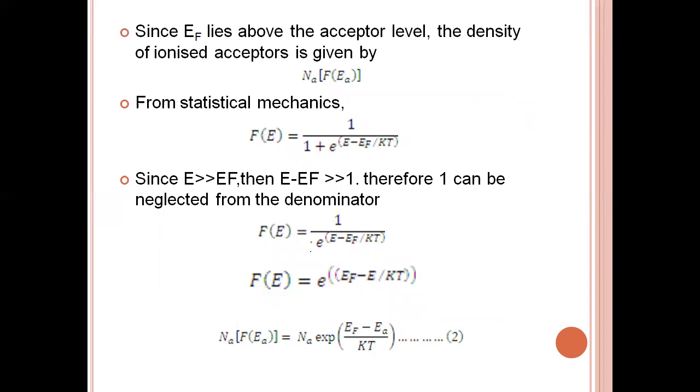If you move this exponential function from the denominator to the numerator, a minus sign appears, giving e^((EF - E)/kT). This is the probability function. Now in place of E, if you substitute Ea, then Na f(Ea) = Na exp((EF - Ea)/kT). This is the number of ionized atoms present in the acceptor level.